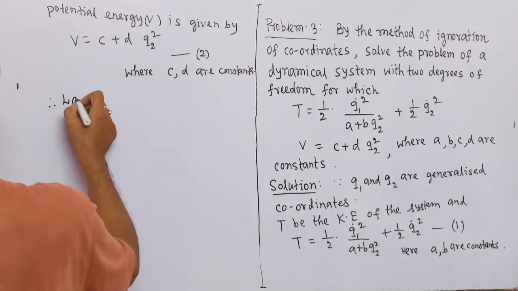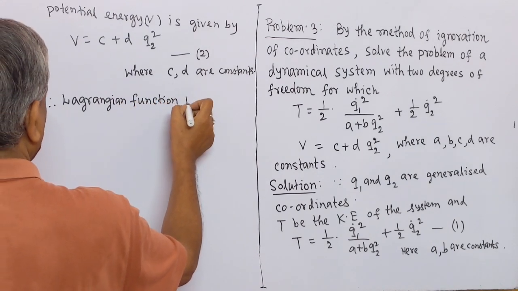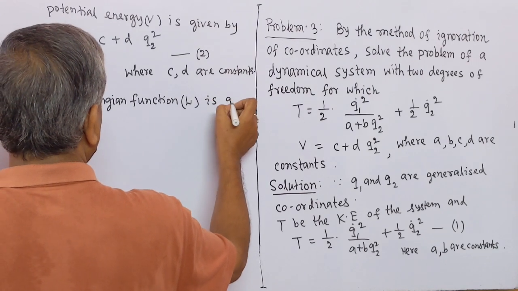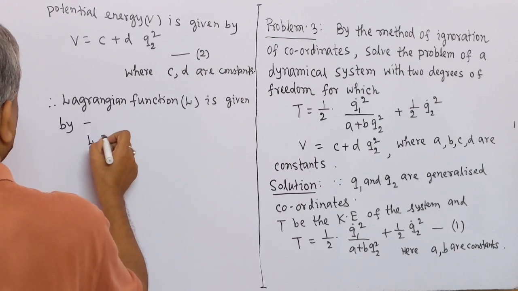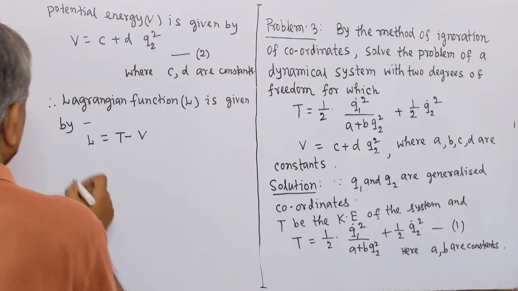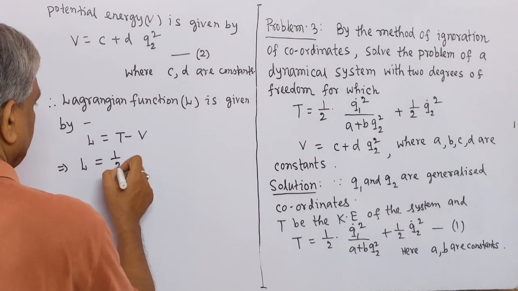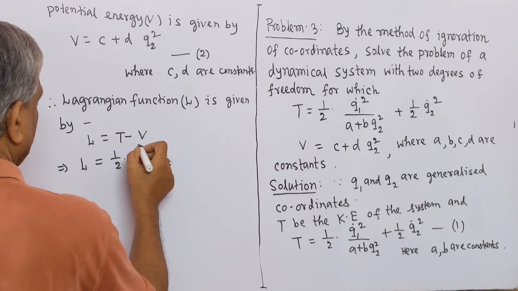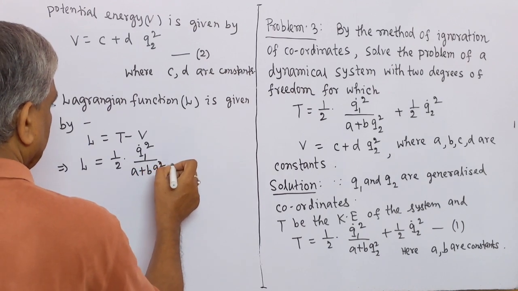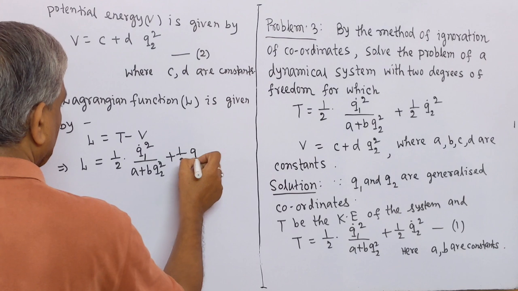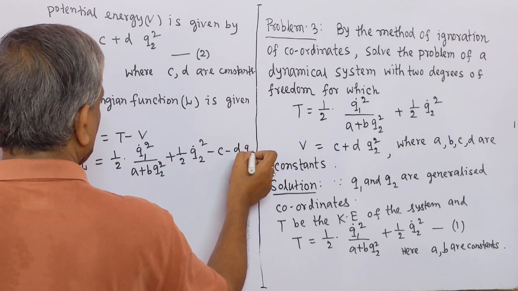Therefore, the Lagrangian function L is given by L equals T minus V, which implies L equals half Q1 dot square by (A plus B Q2 square) plus half Q2 dot square minus C minus D Q2 square.